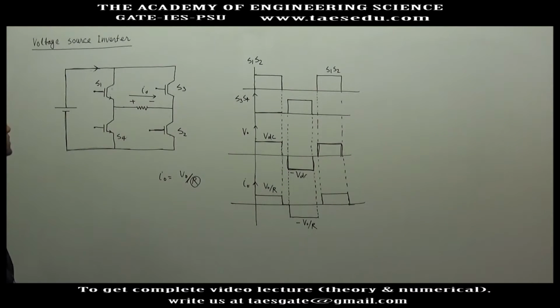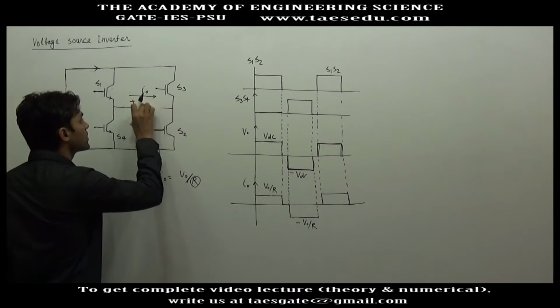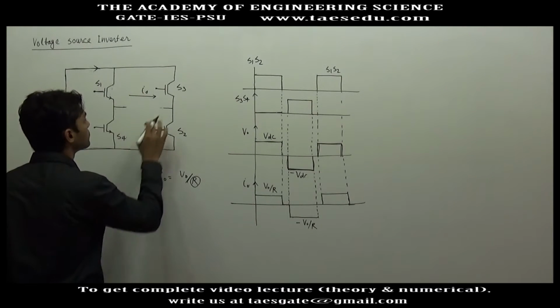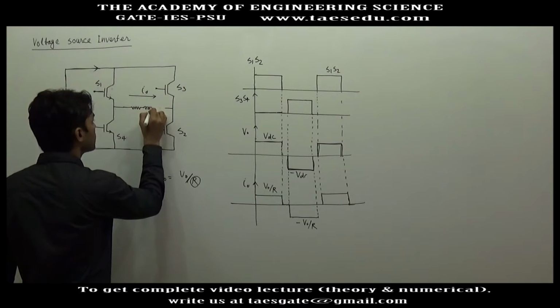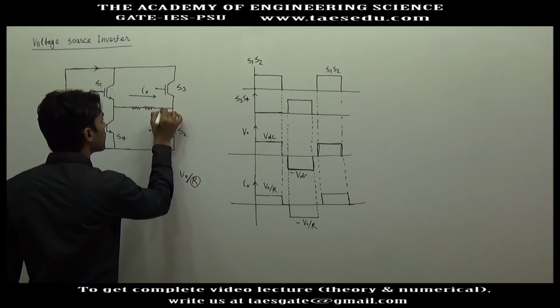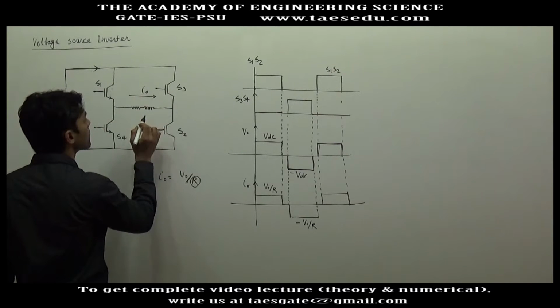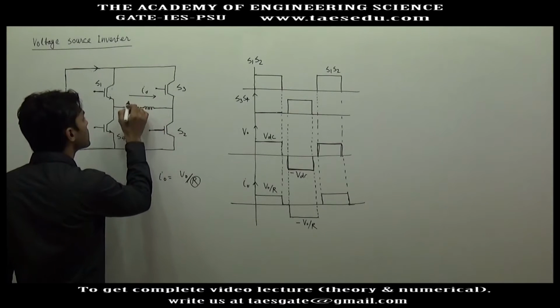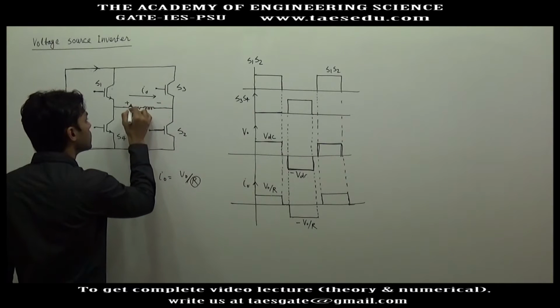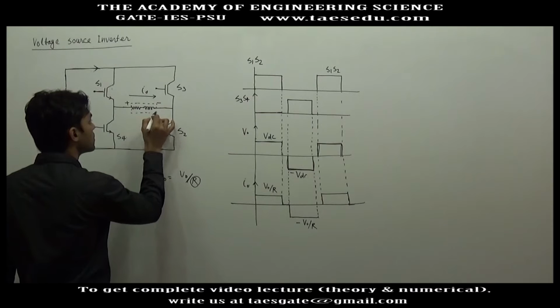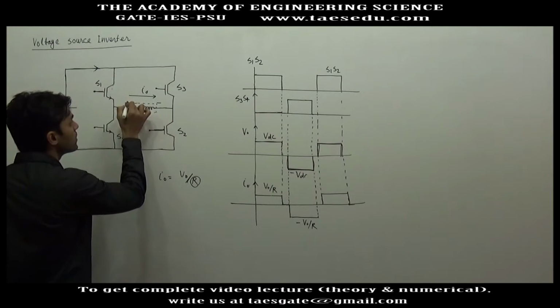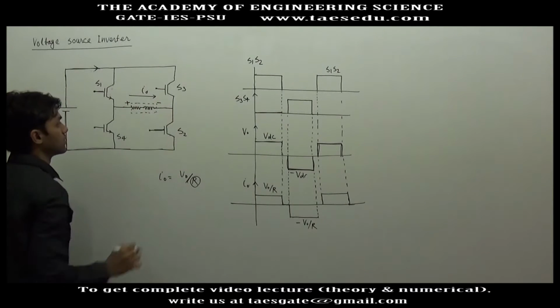Now for the next case, let us connect an RL load here. In the load, I am connecting an RL circuit, and the output voltage will be taken across the whole RL load, not across the resistance. Since the load is an RL load, the output will be taken across the load only.